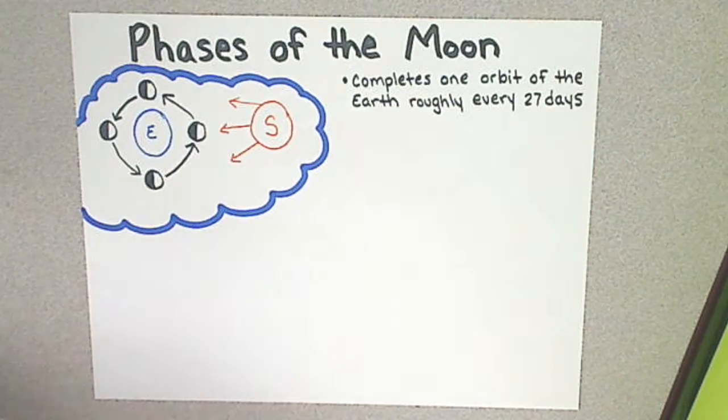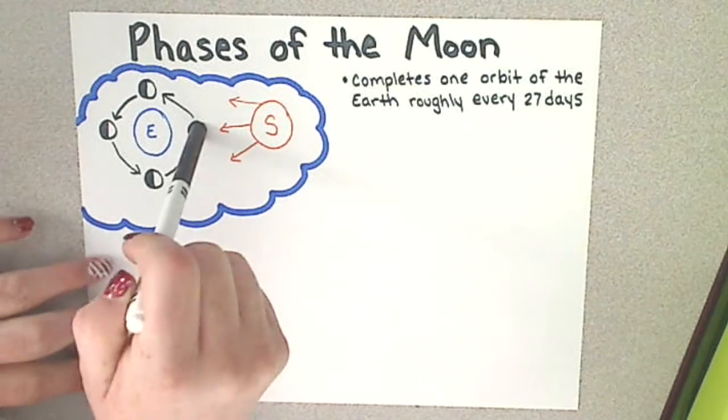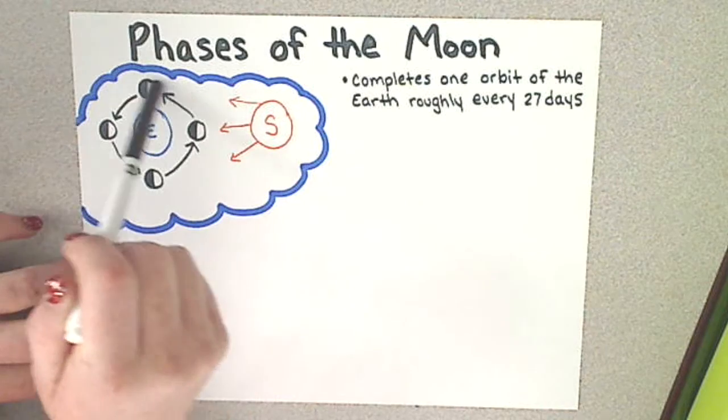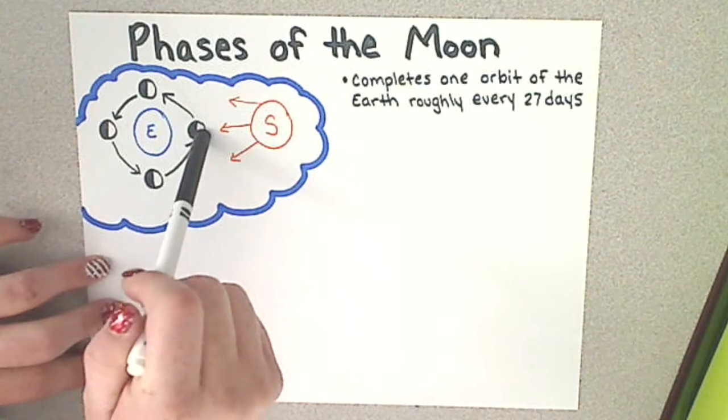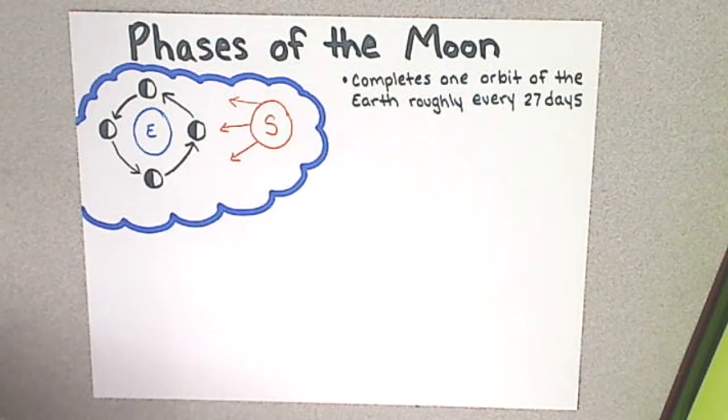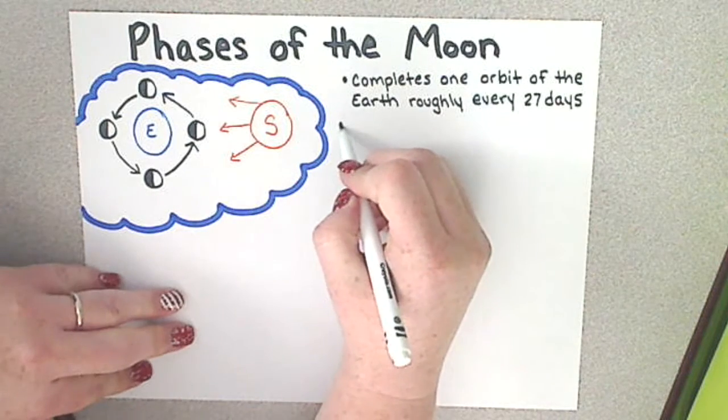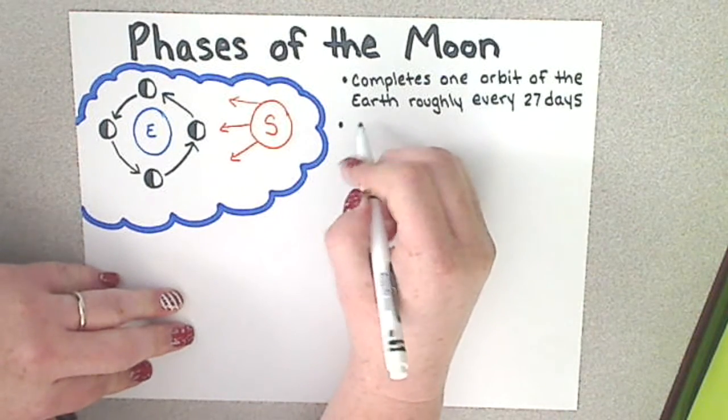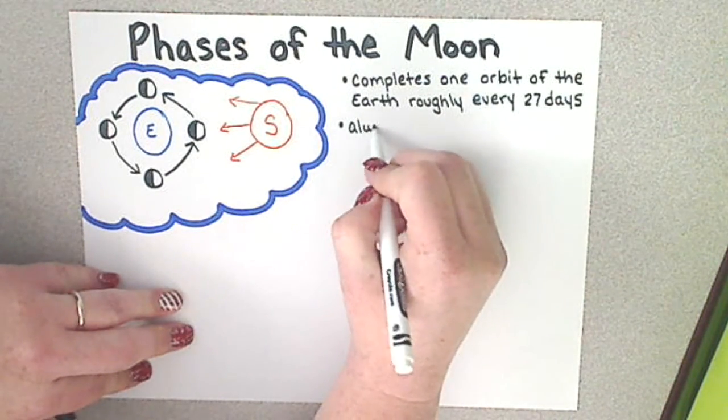Okay. So for the moon to start in its beginning position and orbit all the way around the earth, it takes about 27 days.